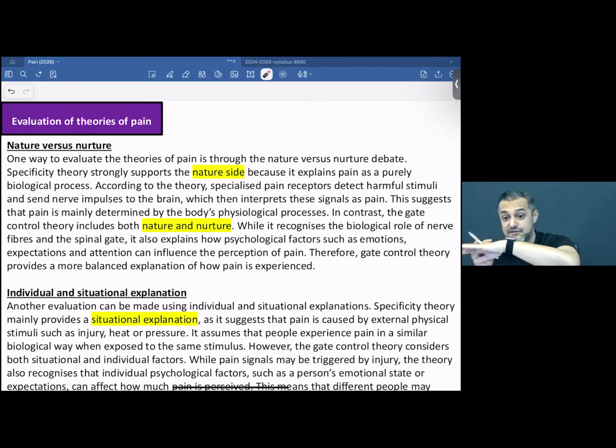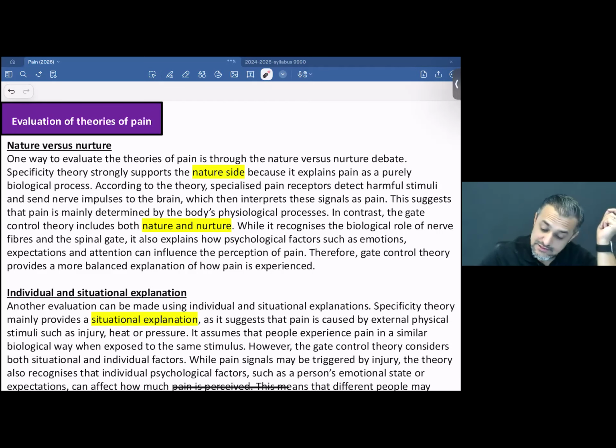There are specific and specialized pain sensors that exist. According to the theory, specialized pain receptors detect harmful stimuli and send nerve impulses to the brain, which then interprets these signals as pain. This suggests that pain is mainly determined by the body's physiological processes.